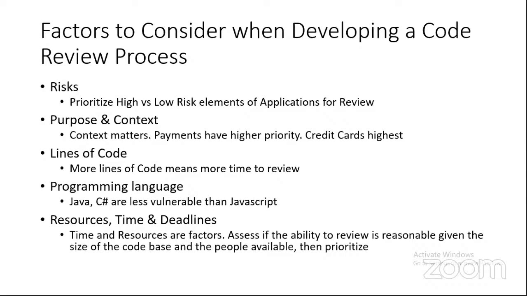So then the other factor to consider is the number of lines of code and the programming language. For instance, JavaScript appears in a page, and if they are able to get into the JavaScript and push it somewhere, it's much more dangerous. So it's more vulnerable.